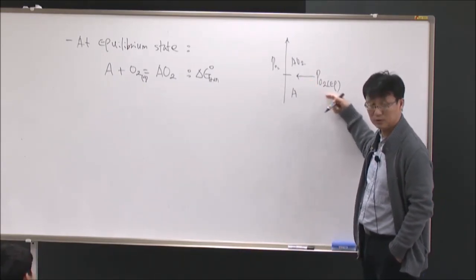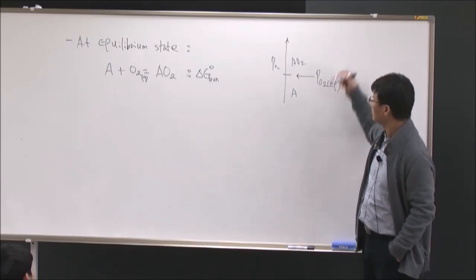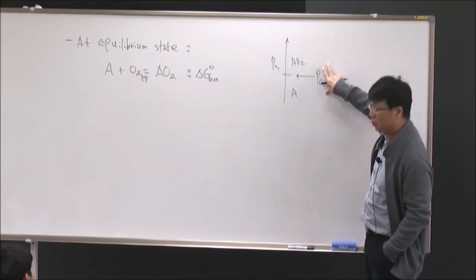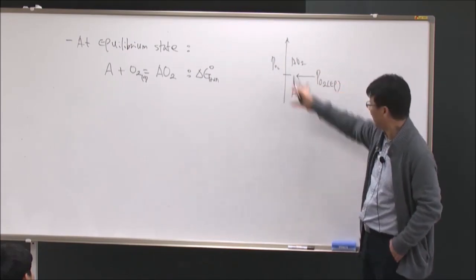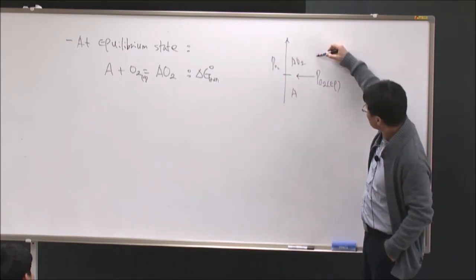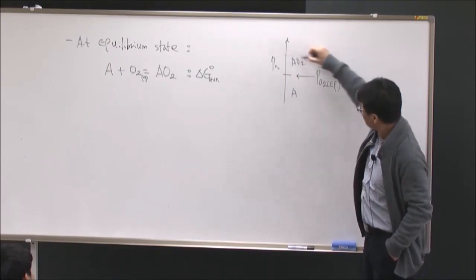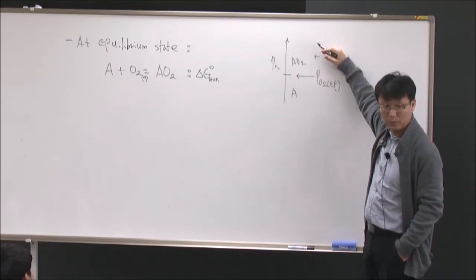Equilibrium value of the oxygen is very important, because now if you know the theoretical value like this, and if I put my A into a partial pressure above this one, then A will become A oxide.